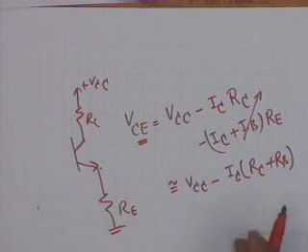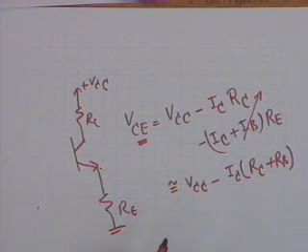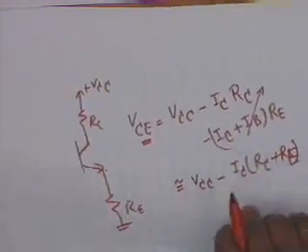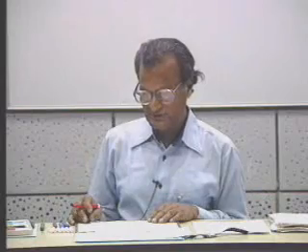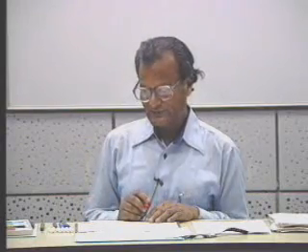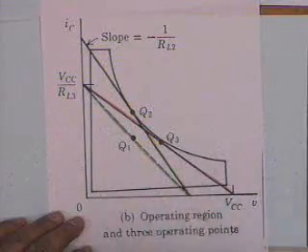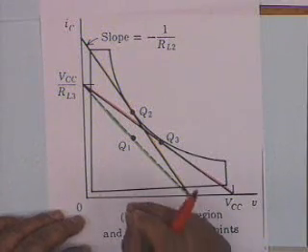And therefore the load line shall be a straight line on the VCE IC characteristic with a slope of minus 1 by RC plus RE.